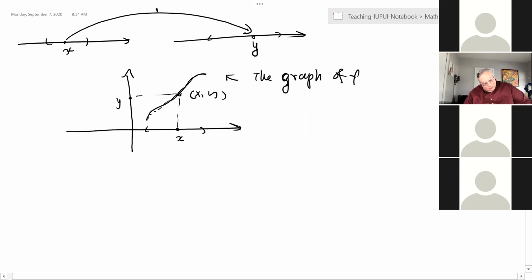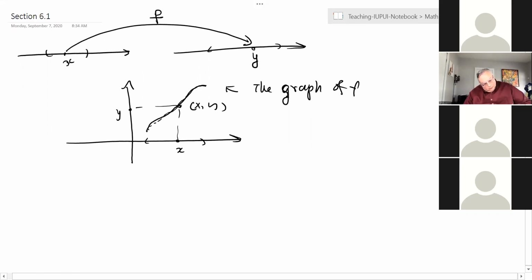Sometimes you're not given the graph of the function. You are given a formula. Function f can be described by a formula.